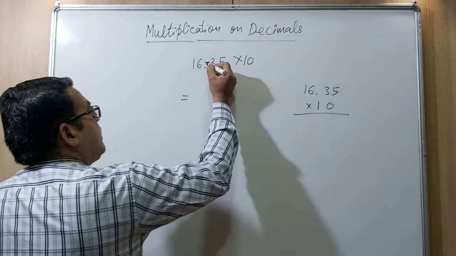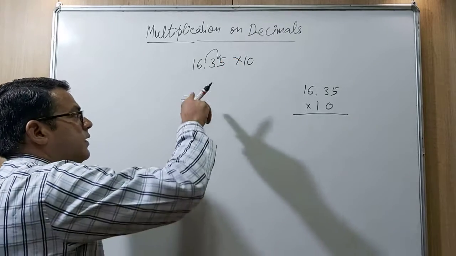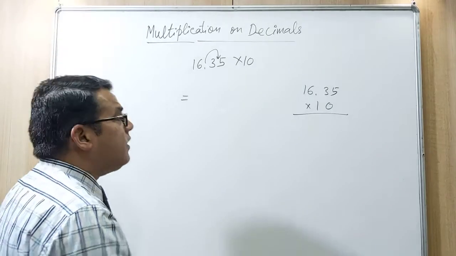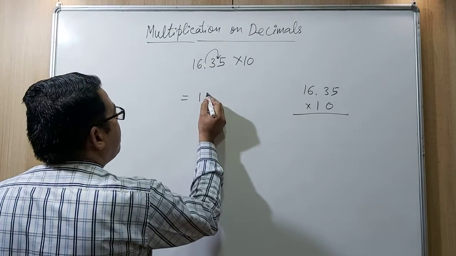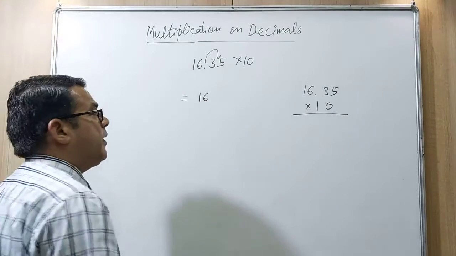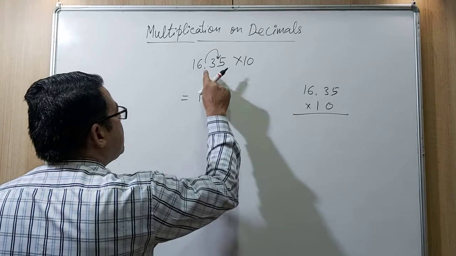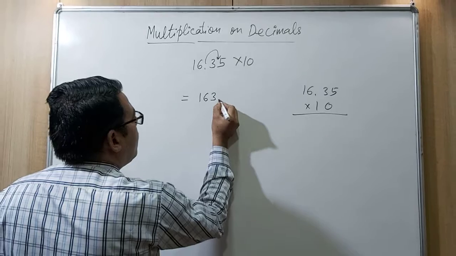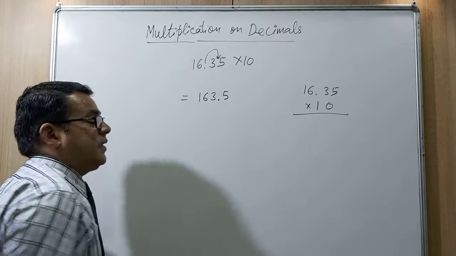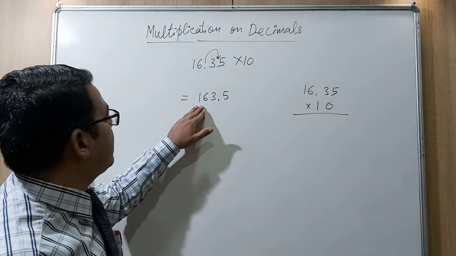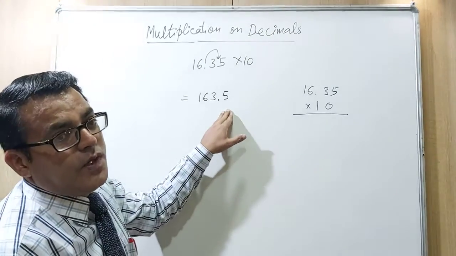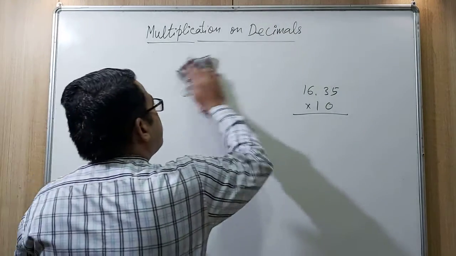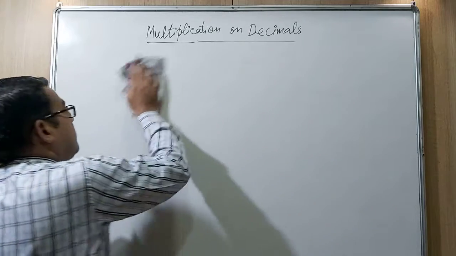It means we need to shift this decimal point one place to the right side. After shifting this decimal one place to the right, the decimal point will come in between 3 and 5. So here we can put the decimal point. So our answer is 163.5, right?